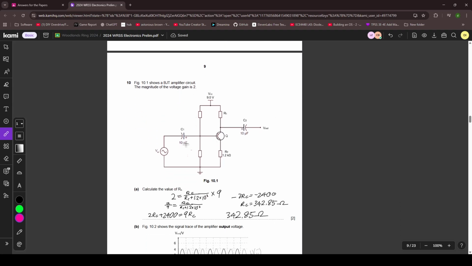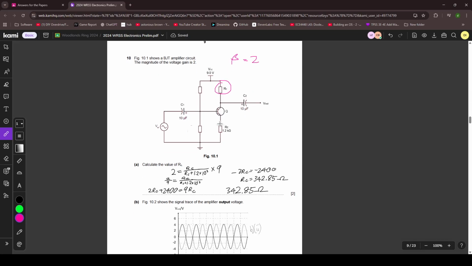So it's a BJT amplifier circuit. The magnitude of the voltage gain is 2. And then calculate RC. RC. Voltage gain is 2. So what did you do? 2 is RC over RC plus this amount.